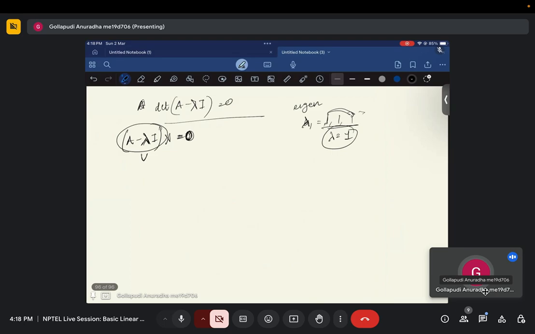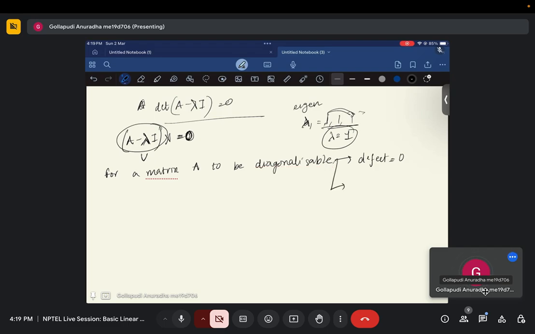So with that we can make a statement that for a matrix A to be diagonalizable, there are two things you can check. One is that the defect for each eigenvalue has to be 0. If it is more than 0, then you cannot diagonalize it.